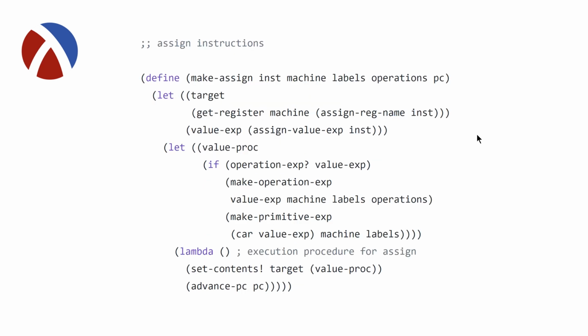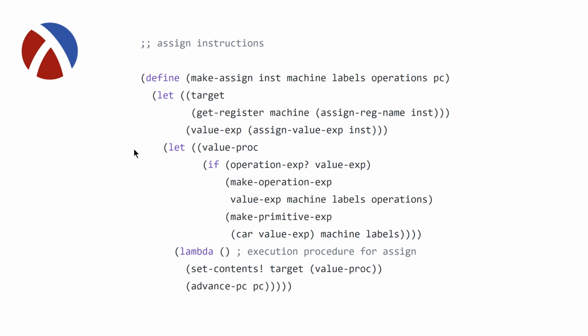But this is the make assign procedure. You can see here, basically, we're taking an instruction, machine, labels, operation, and program counter. And we have some values being assigned in our let expression. Here we have target, which is basically getting us the register that we want to assign to. And then we have the value that we are extracting from our instruction that we want to assign to this target.